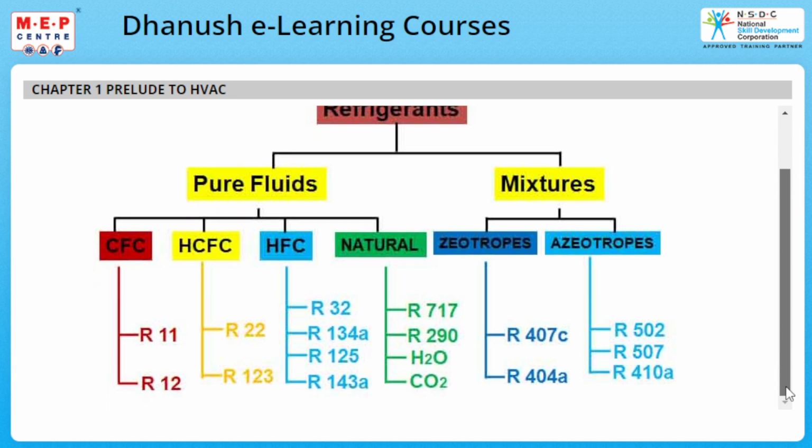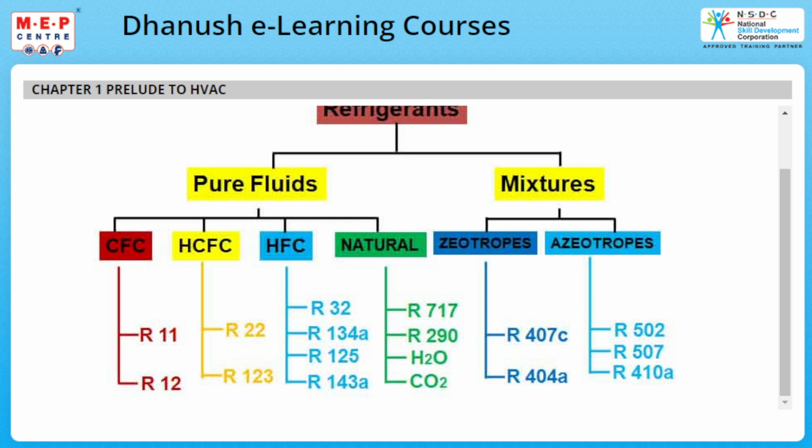Pure fluids can be further classified into chlorofluorocarbon refrigerants or CFC, hydrochlorofluorocarbon refrigerants or HCFC, hydrofluorocarbon refrigerants or HFC, and natural refrigerants. Mixtures are subclassified into zeotropic refrigerants and azeotropic refrigerants.